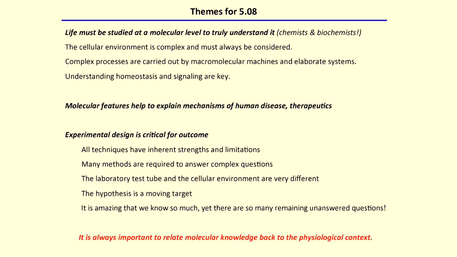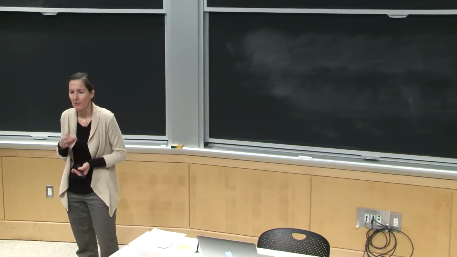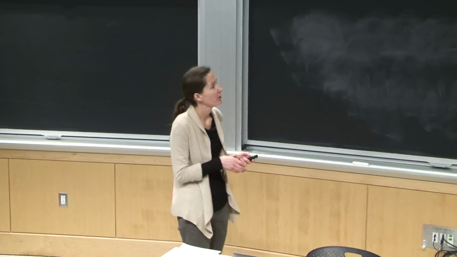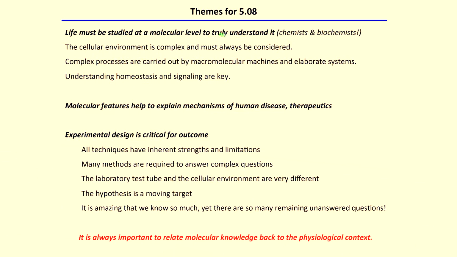In addition to these macromolecular machines, some additional themes for this course involve homeostasis and signaling, and these will be especially emphasized in the second half of the course when Professor Stubby takes over there. So how do we think about homeostasis and signaling in these contexts?